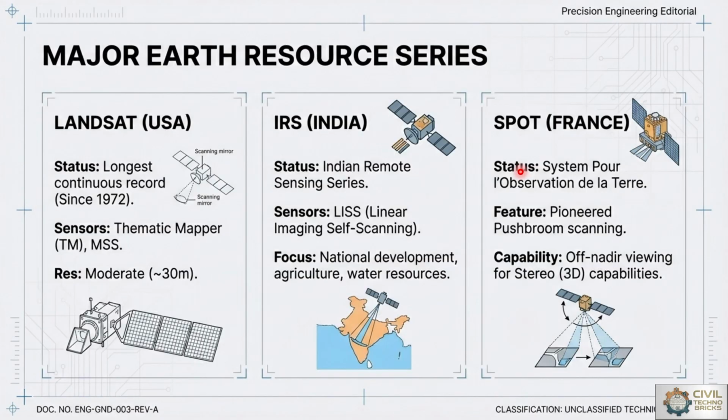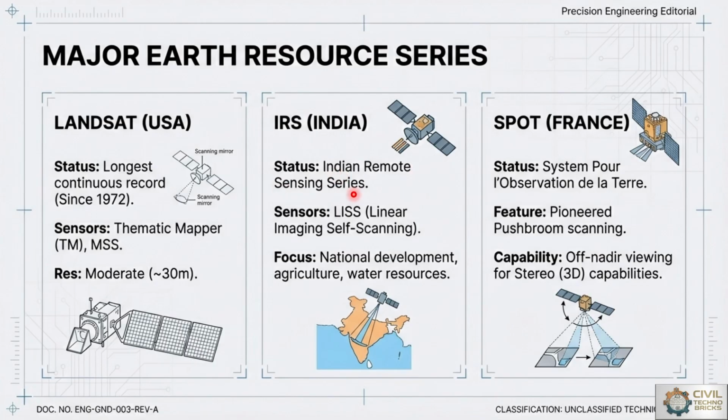Here is the comparison of the major earth resource series, which are related to country-based satellites: the USA's Landsat, the Indian Remote Sensing IRS, and France's SPOT. For status, Landsat has the longest continuous record, since 1972, by the USA.